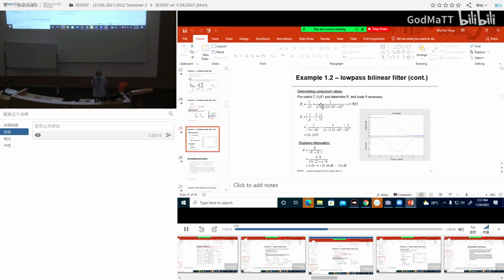You have two data points, where's the zero and where's the pole. These are only two equations, but you have three unknowns. So how do we solve this type of equation? Three unknowns, two equations.